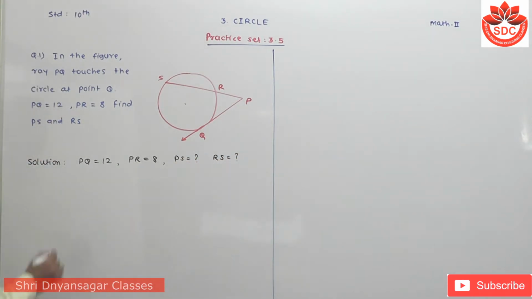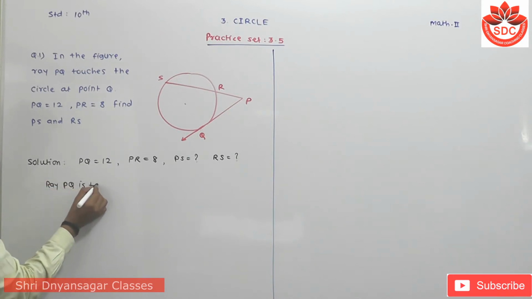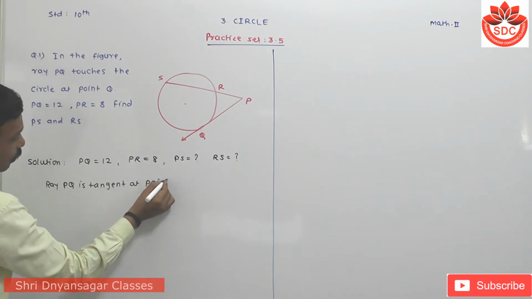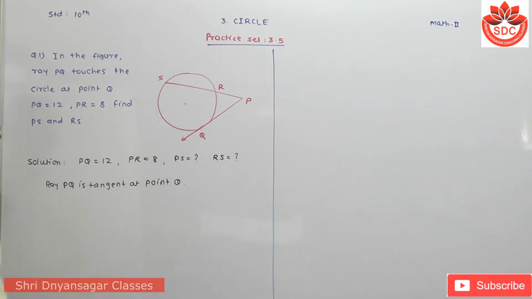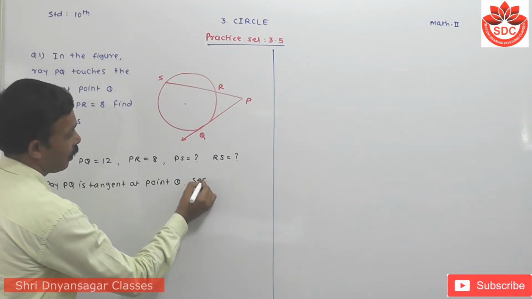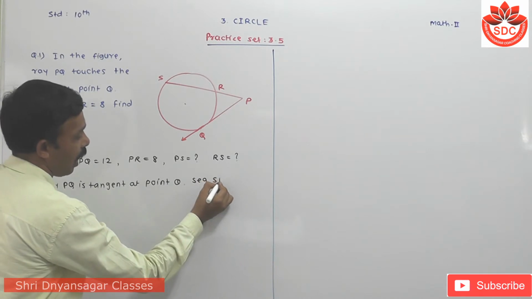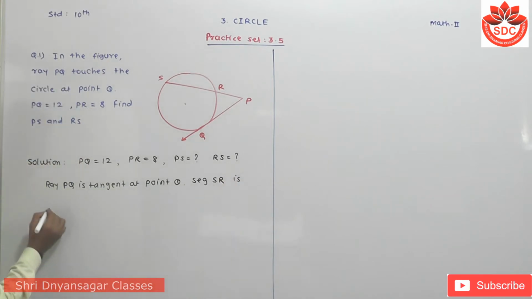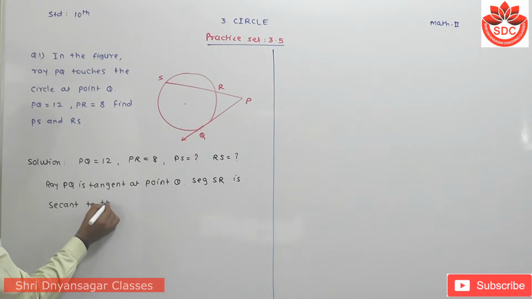For this, PQ is the tangent, ray PQ is tangent at point Q, and segment SR, or SP, is a secant to the circle.